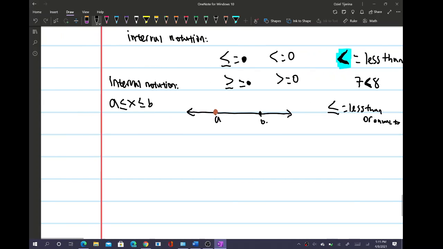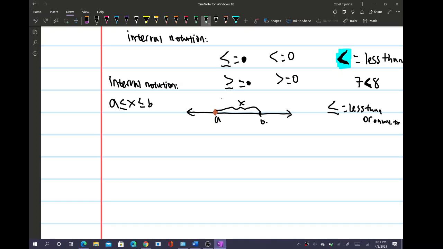So if I'm doing this, think of it as going from left to right. A is less than or equal to x, and this entire part is x is less than or equal to b.